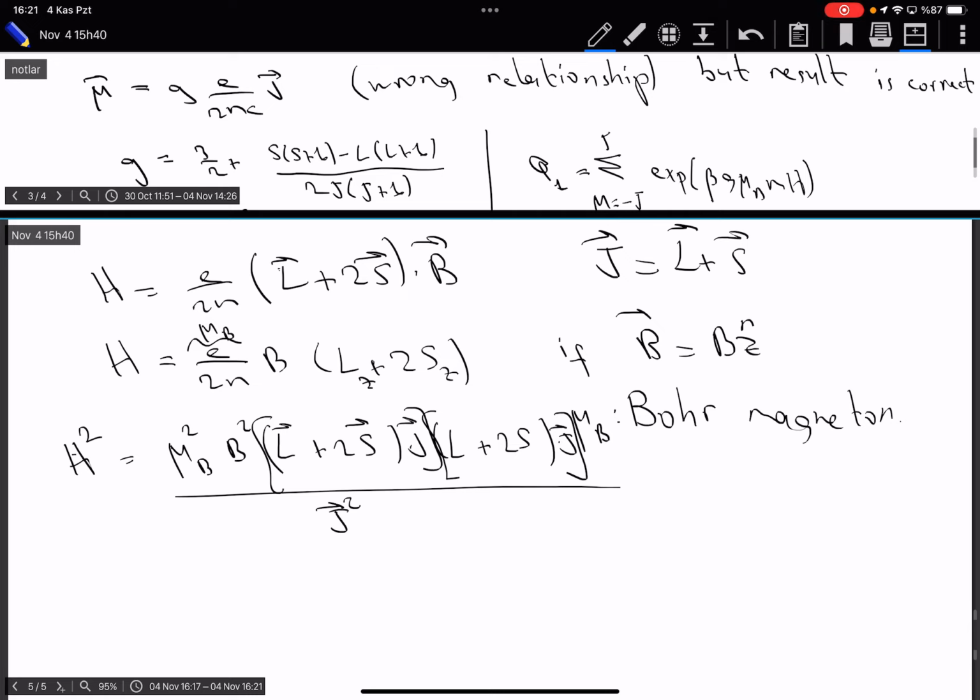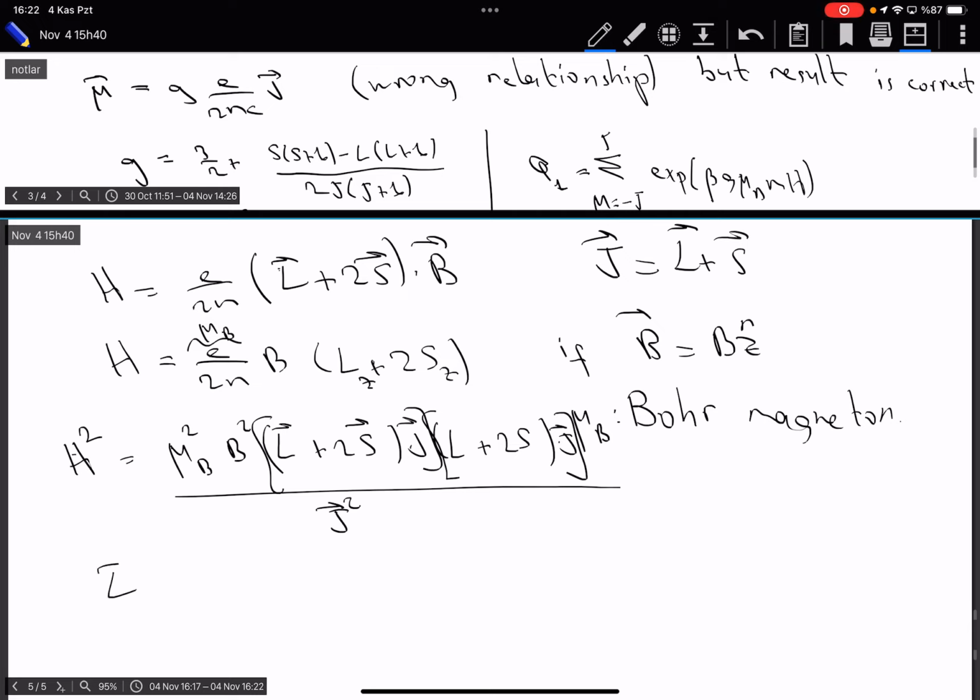You see, I have already defined the direction of B as my z direction. But then I'm looking at L_z plus 2s_z separately. The direction of z is arbitrary for that factor only. So I'm choosing that z direction to be the direction of J.